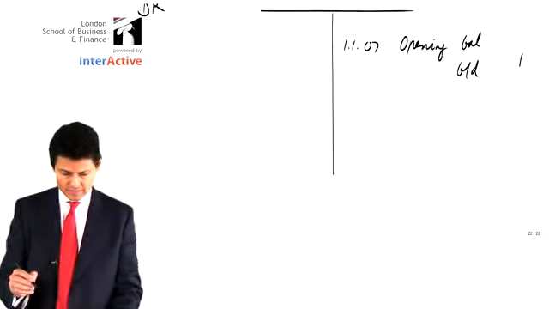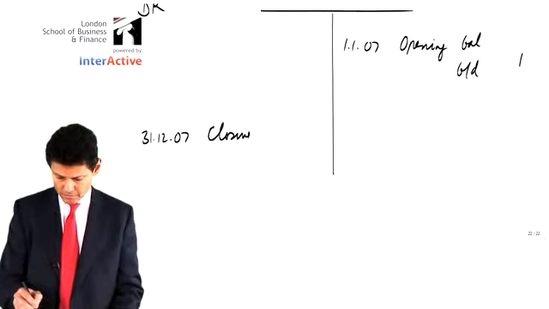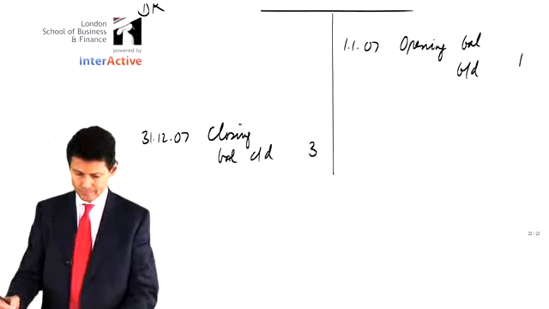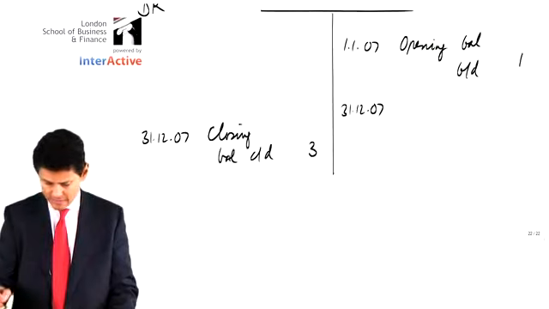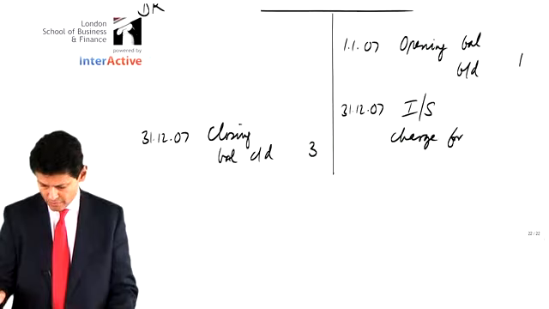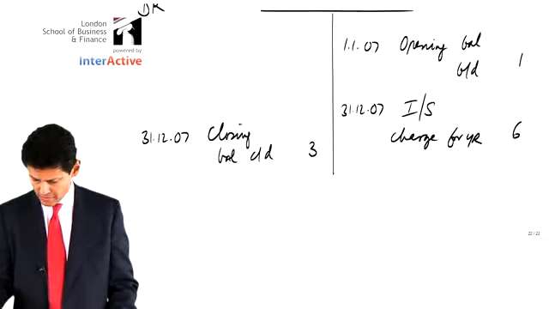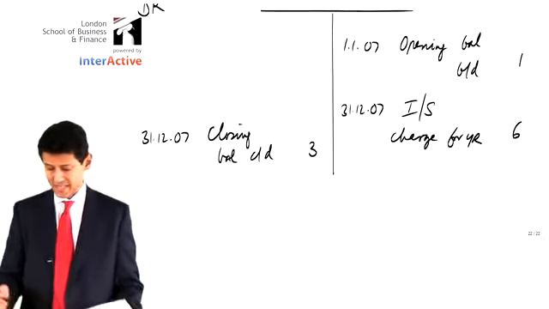Leaving 2-3 lines, we find that at 31st December 07, the closing balance carried down is 3. The charge for the year, which should be on this side, the income statement charge for the year, should be given in the question, of course, just below your statement of financial position, is 6.